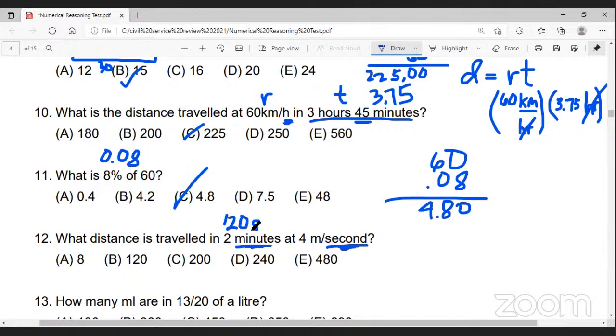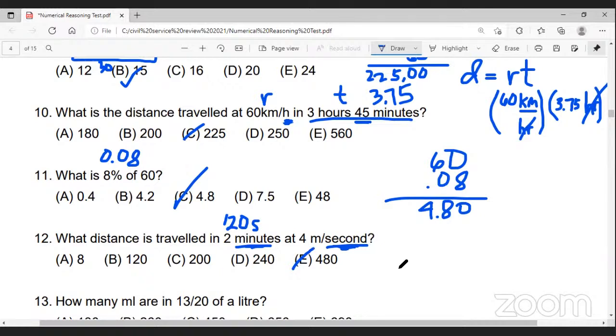So let's multiply 120 by 4. We could cancel out the seconds and seconds. We have meters. So this is 480. Yes, Miss Jem.